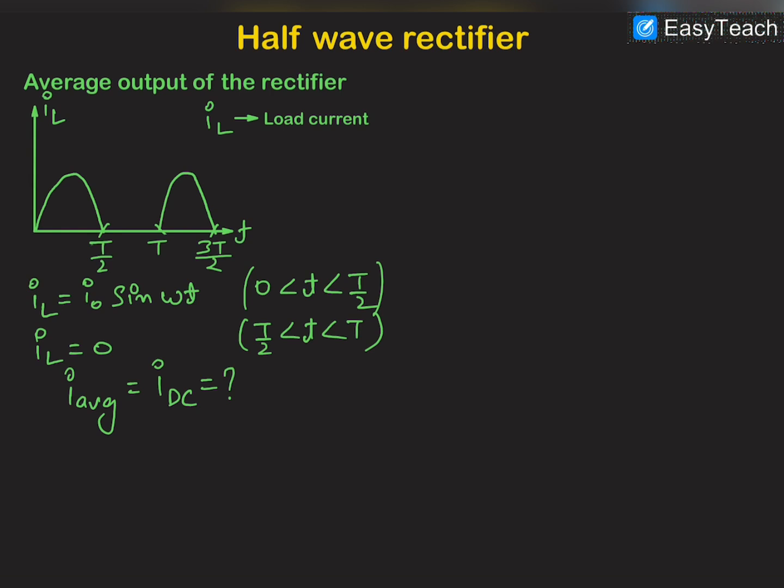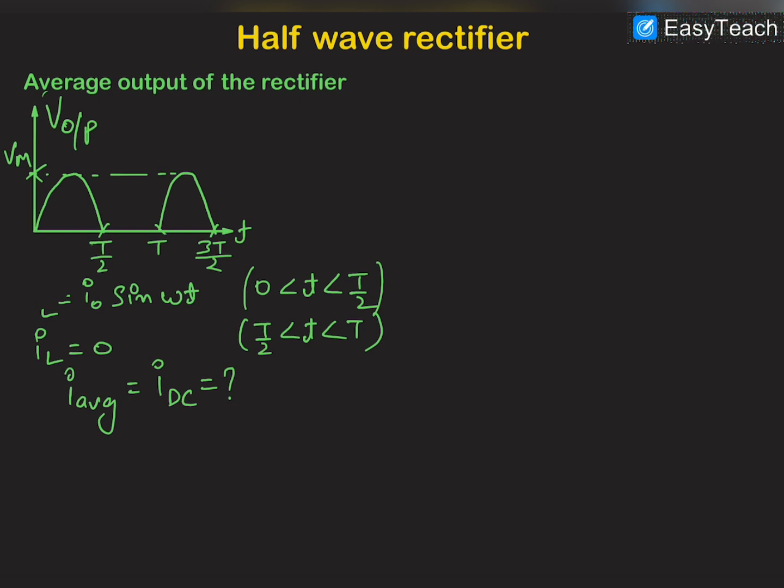Now let us talk about the output average. Let us calculate in terms of voltage. Let us see that this is V output, and the maximum value of output voltage is Vm.